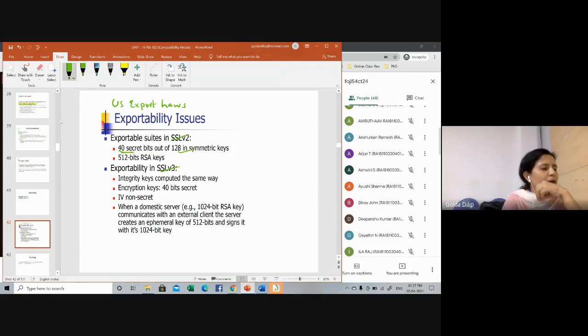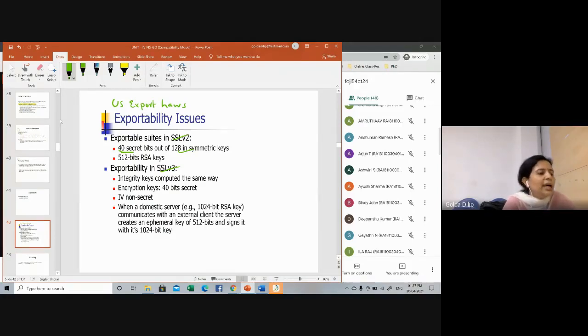So the US government has limited the exportable cryptographic keys to 40 bits. There are two types: exportable cipher suites and non-exportable cipher suites. Non-exportable means your domestic cipher suites.